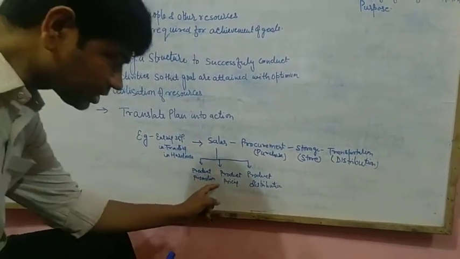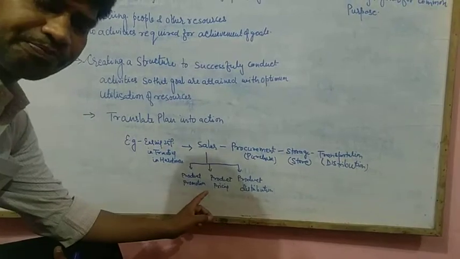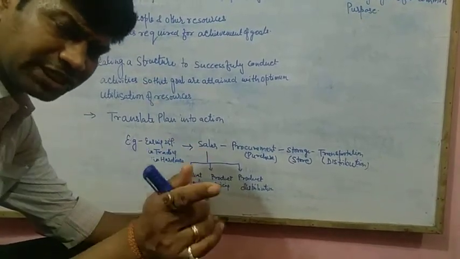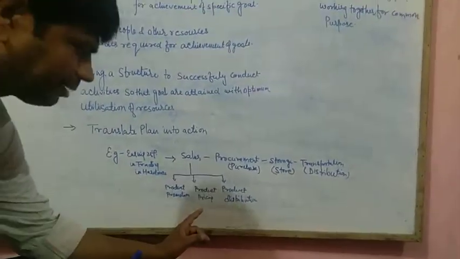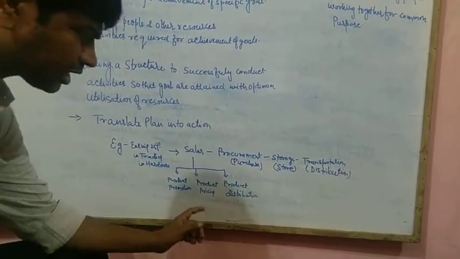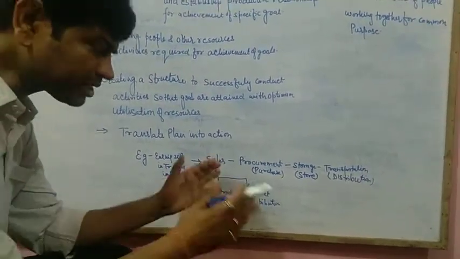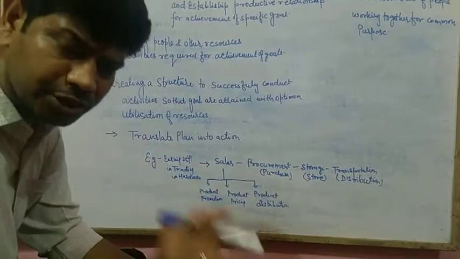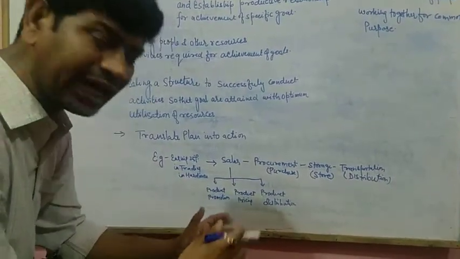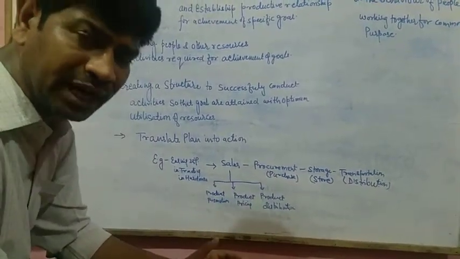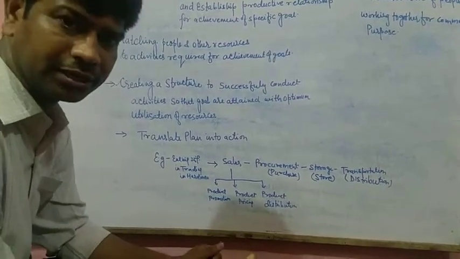Similarly, price is an important consideration. The price of the product should be such that it is readily accepted in the market, and then once a product is accepted, we must have a proper channel of distribution so that the goods can be easily accessed by the customer in a market.